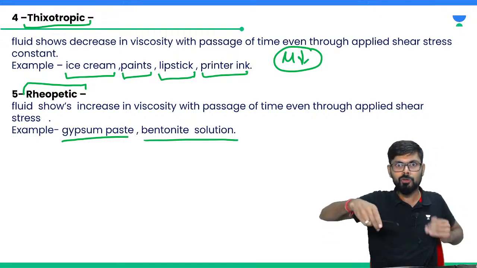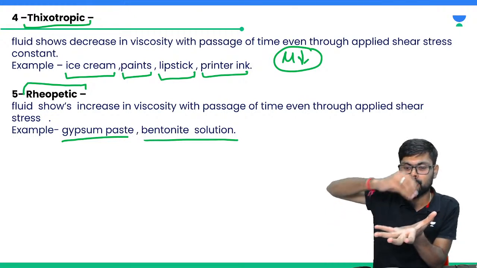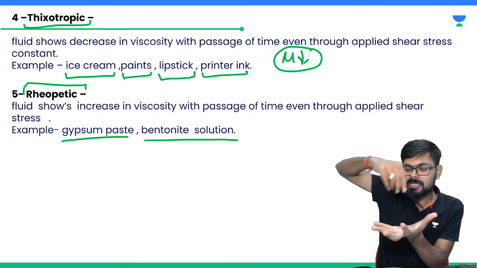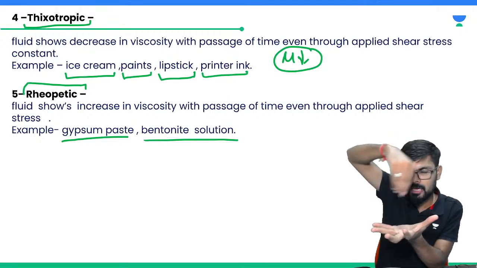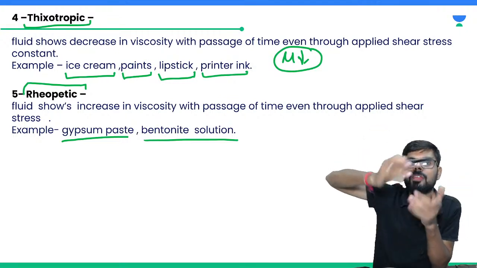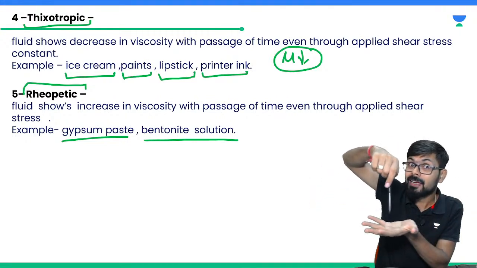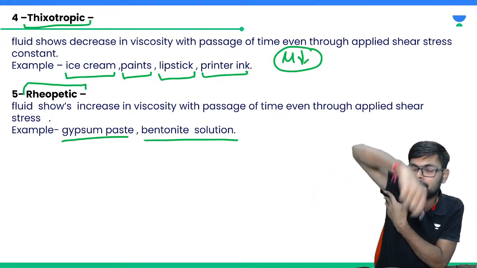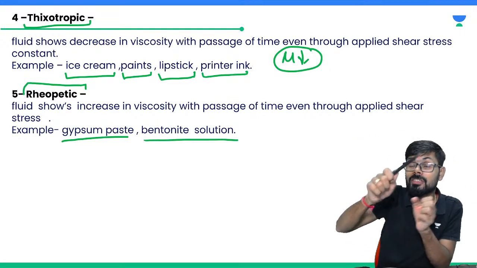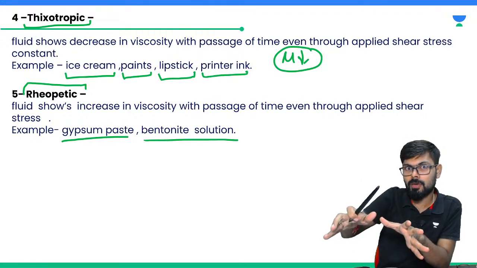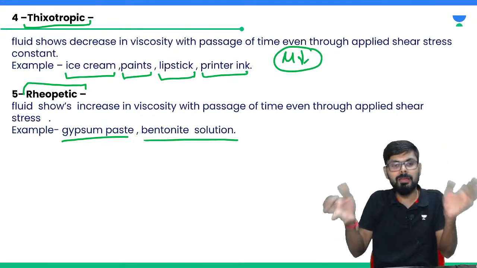So you just take gypsum, put some water, and start applying the same du by dy, same du by dy, same du by dy. After some time it will become thick and start producing more resistance. In paint it is opposite: when you apply, it becomes thin and offers less resistance. But in gypsum paste, it becomes thick.